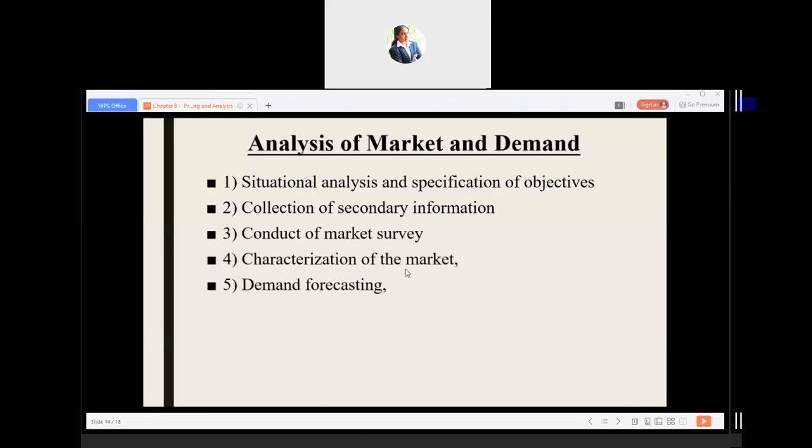The next one under the consumer survey method is sample survey and test marketing. Under this method, some representative households are selected on a random basis as samples, and their opinion is taken and regarded as the generalized opinion.